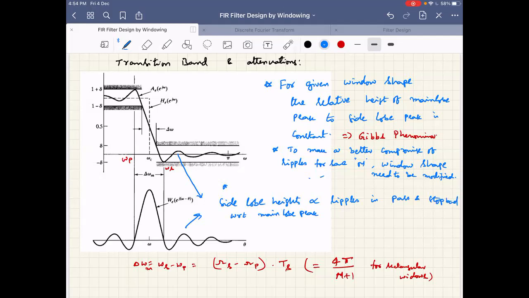Thus, without changing the M, if we want to have a better filter, fixing M, if we wish to lower the ripples at delta S, what we need is to have a better window function.